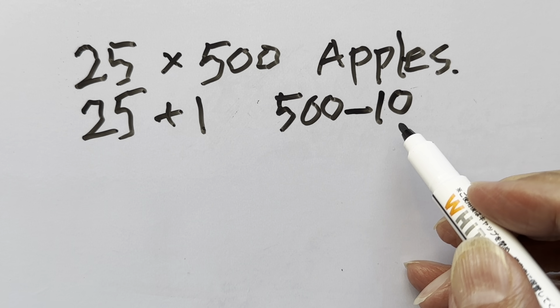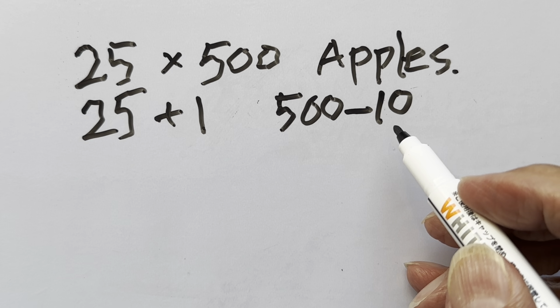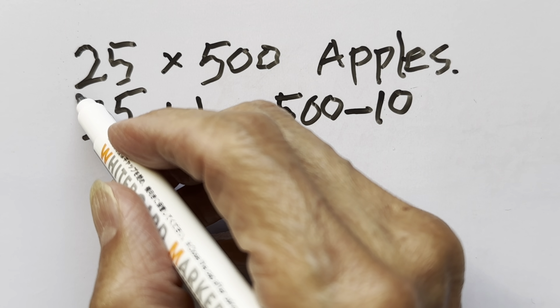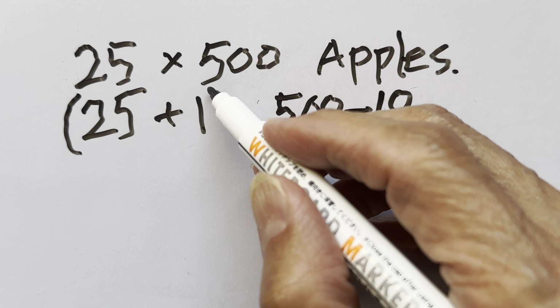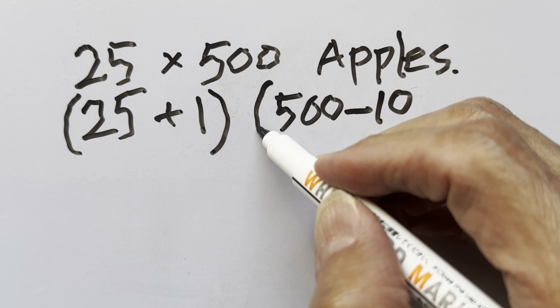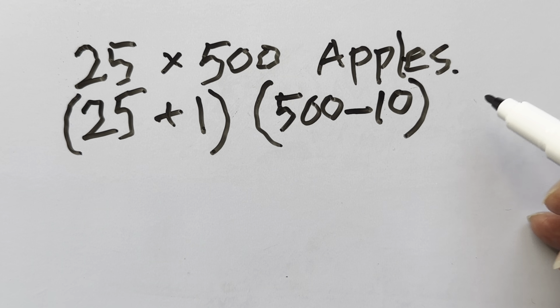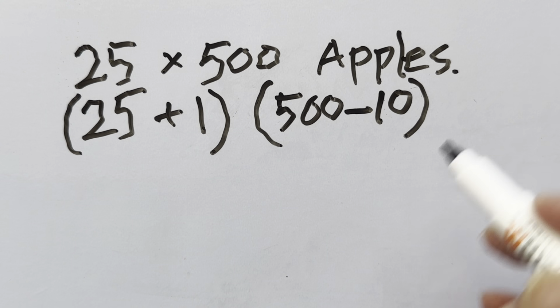This is the number of apples produced each tree. But now your tree is one more than 25. So this is the total number of apples.